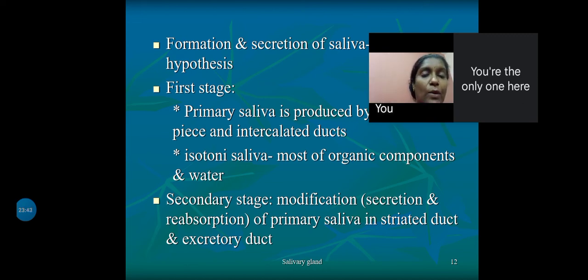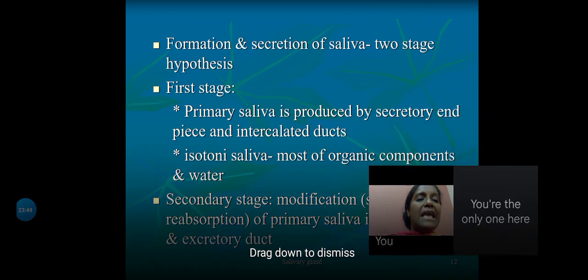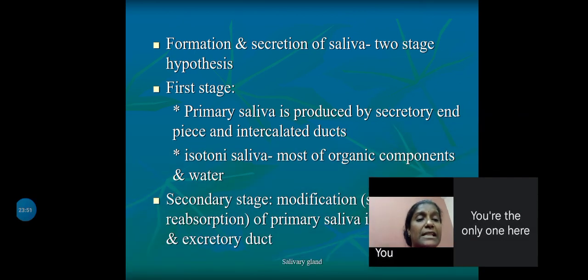Okay, so in the first stage, primary saliva is produced by the acinar cells, which are present in the secretory end piece, and sometimes, very rarely, in the starting part of the intercalated duct. Isotonic saliva basically contains organic components and water.